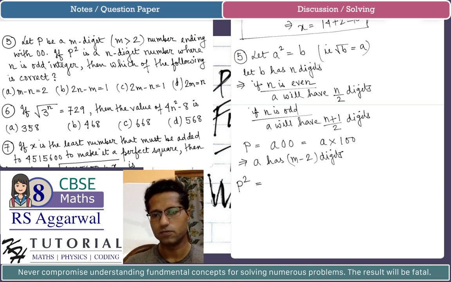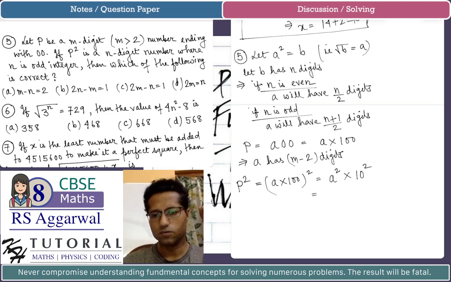Okay, now what is P square in terms of A00? P we have expressed as A00, which is equal to A into 100. So P square will be (A into 100) square. This is equal to A square multiplied by 100 square.